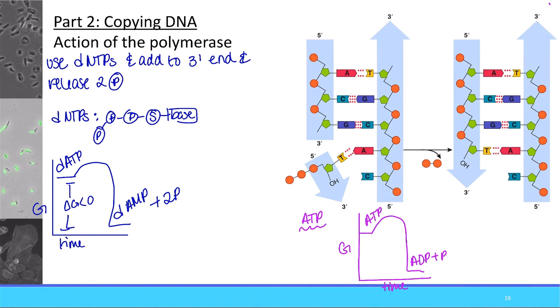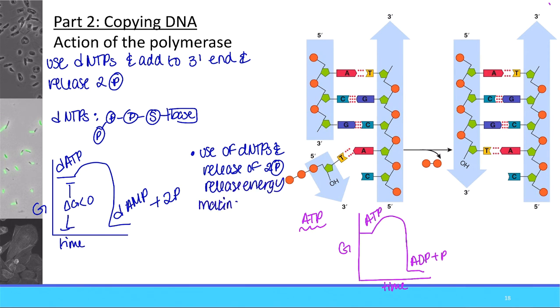The way that the polymerase works is by use of the dNTPs and release of 2 phosphate groups. This releases energy, which makes delta G negative and drives the reaction forward.